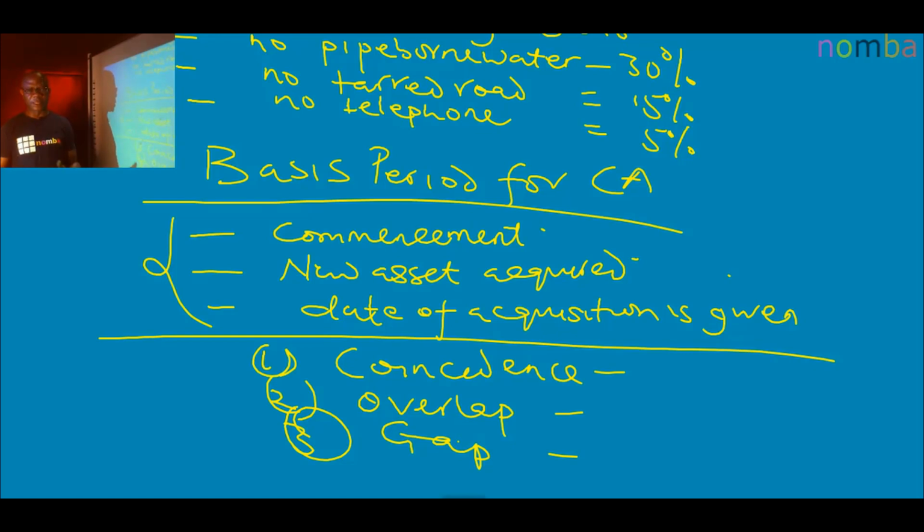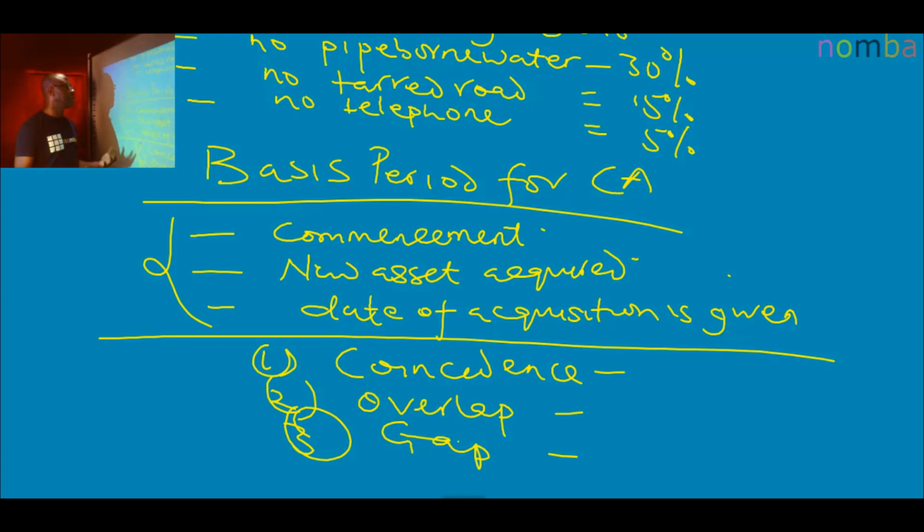It is the difference, the overlapping period, the extra period, that belongs to the later YOA. For gap, usually a gap occurs in change in accounting date or cessation. Where there is a gap, the gap period is deemed to belong to the later YOA, except where the later YOA is the year of cessation, in which case the period will belong to the earlier YOA. So that's that for basis period for capital allowance.